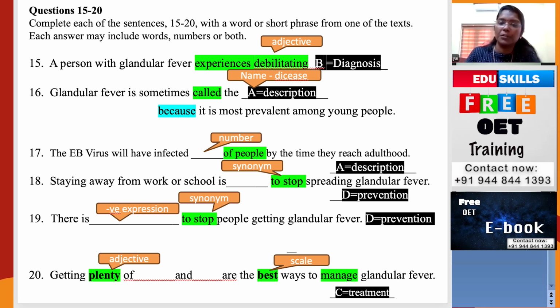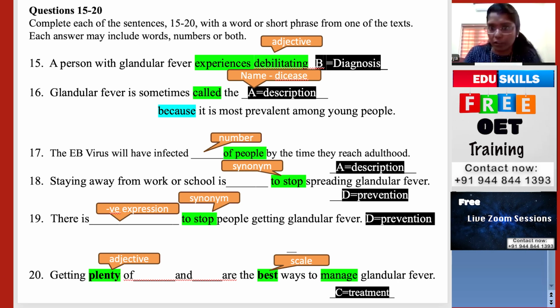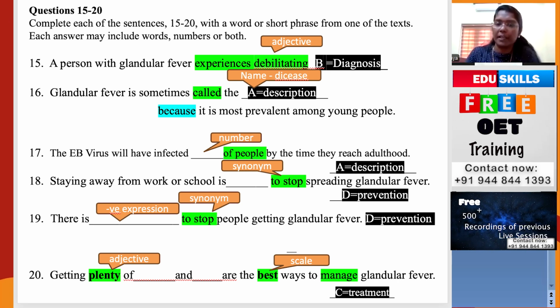I want to know that much, because in the first line we can see one name, Epstein-Barr virus, which is the name of the disease. Just to check whether you underlined or not. If you couldn't underline, you just underline that portion.